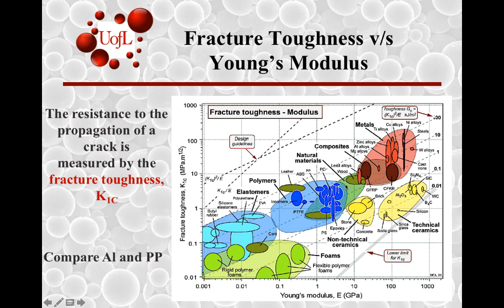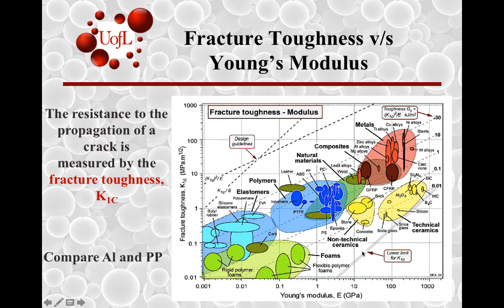But here are some interesting things that you can look at. If you look at the slope being an important parameter, depending upon the design guidelines, the value of these slopes can be quite different. It turns out that when you consider aluminum and polypropylene, you see something interesting.